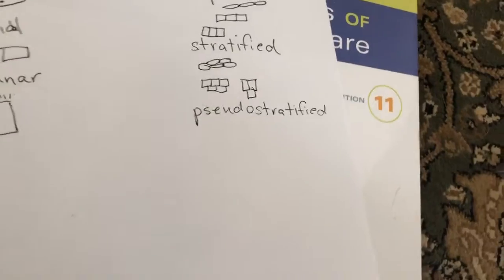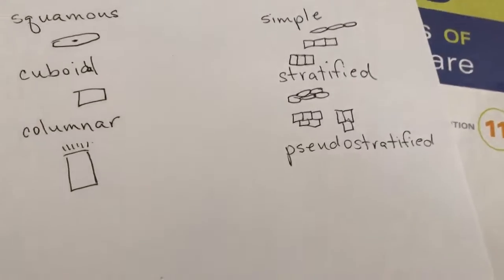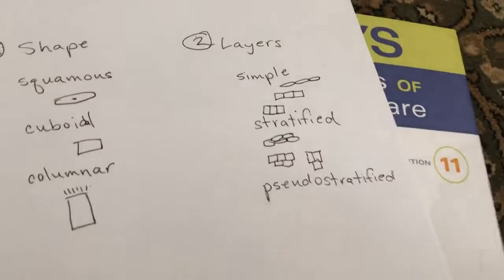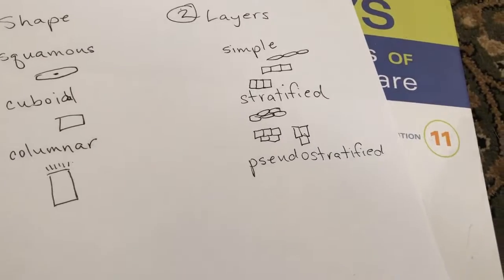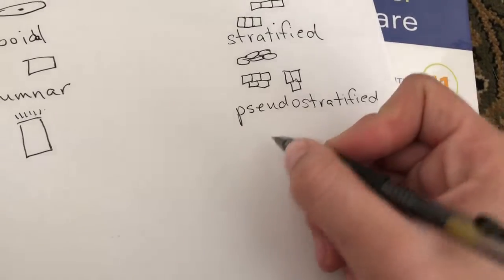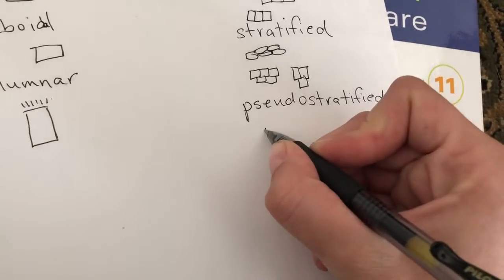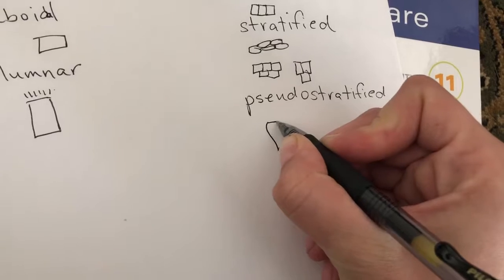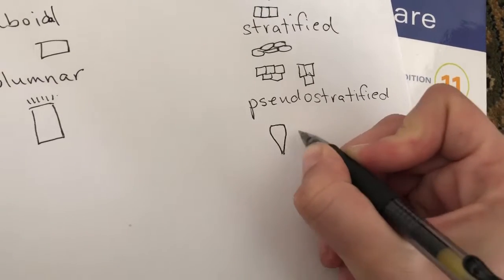Now, pseudostratified is where I got really confused, and the way I had to picture it is it's still a single layer of cells, but the reason it is pseudostratified is because they almost overlap, given that the shapes are different.